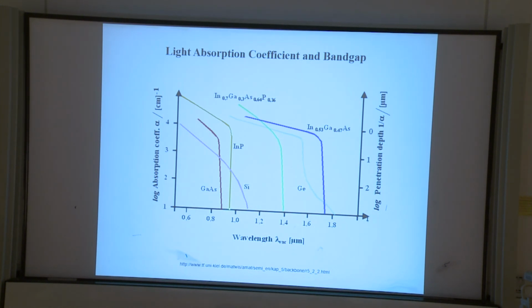A photon with wavelength 0.95 can be absorbed by indium phosphide, so the absorption coefficient is very big. However, photons with this wavelength still cannot be absorbed by gallium arsenide. So that means gallium arsenide has a wider band gap. You need to increase the photon energy, with wavelength smaller than 0.95, to be absorbed by gallium arsenide. So gallium arsenide has a wider band gap. Is that clear enough? Okay.